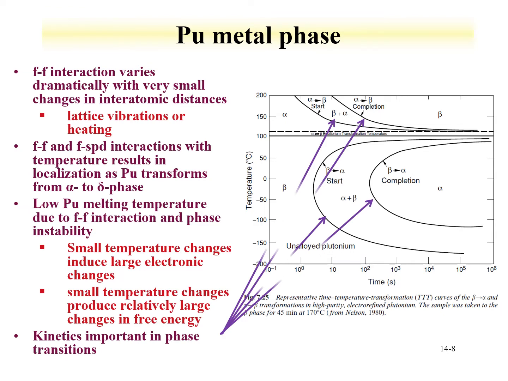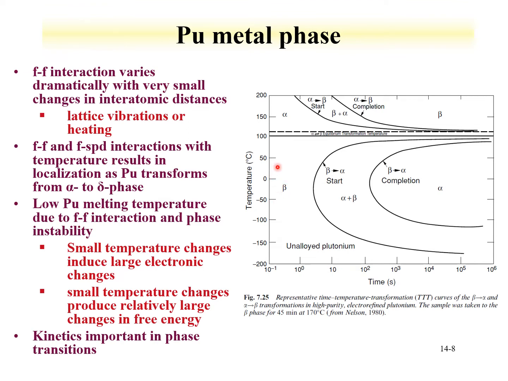The kinetics are shown here for the changes of plutonium going from one phase to another. As you can see, these curves that we highlighted show some of the boundary conditions for the kinetics. And as we see here, this is, for example, an alpha phase in an unstable regime and a beta phase in an unstable regime.